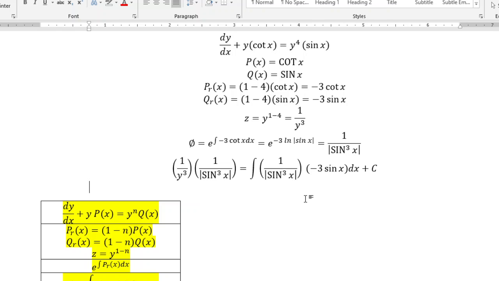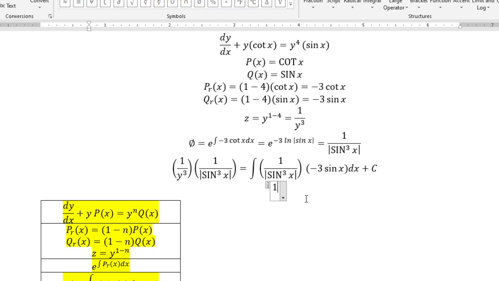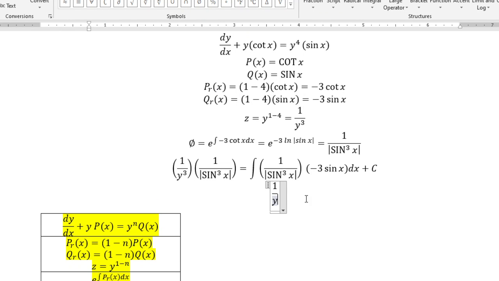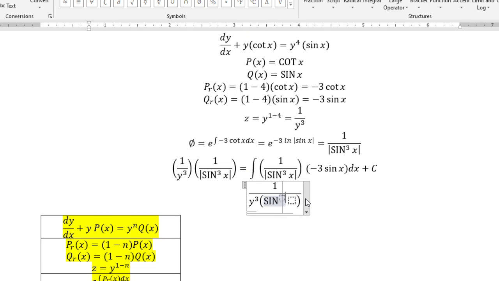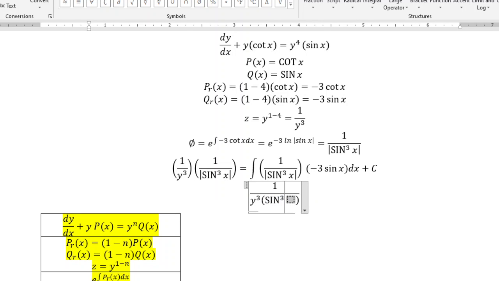So, simplify lang natin. 1 over y cube, the quantity sine cube x is equal to, magka-cancel yung isang sine, so magiging the integral of negative 3.